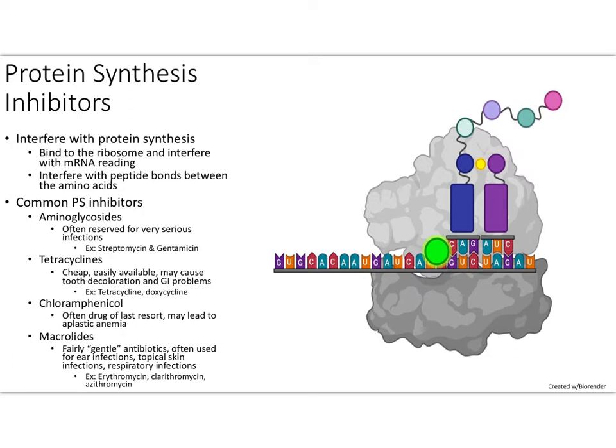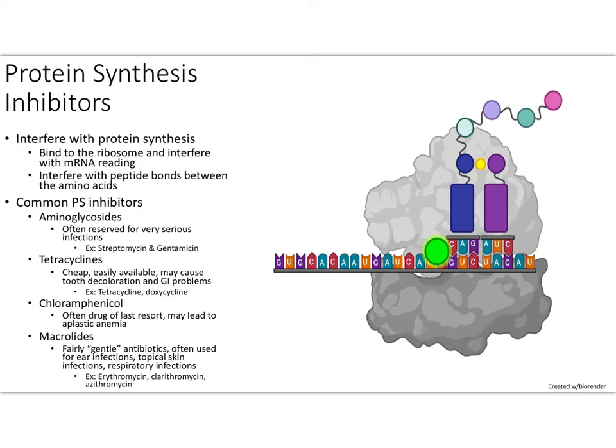The drawbacks are that they can cause tooth discoloration in young children, and bone problems in fetuses, and they may cause GI problems in everyone. Basically, if tetracycline is given to someone who is still developing their adult teeth or to a developing fetus, it can interfere with laying down some of the important parts of the tooth or interfere with certain parts of the bone.